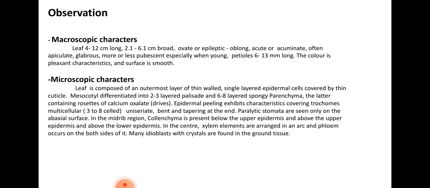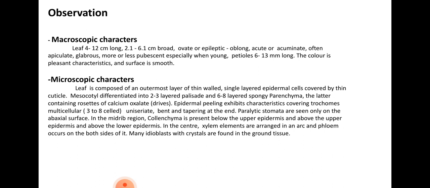They contain rosettes of calcium oxalate. It is one type of crystal and a key character of this plant, and they are abundant in nature. They are found in many quantities.